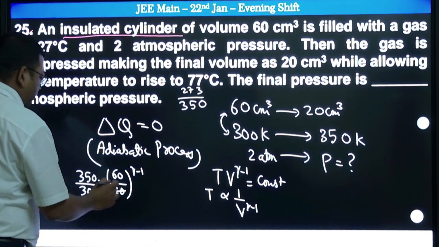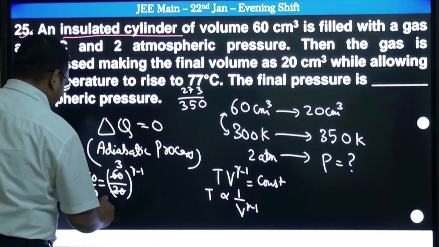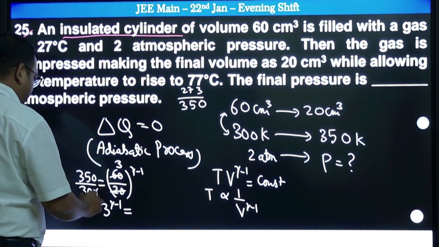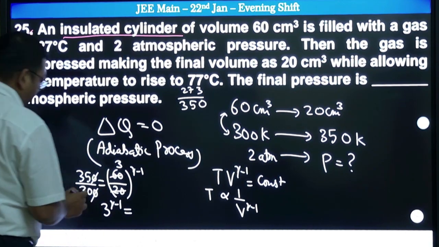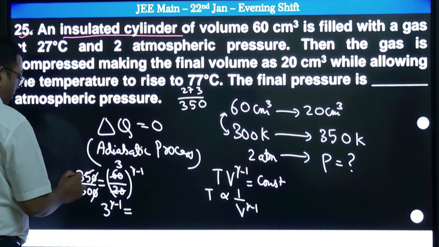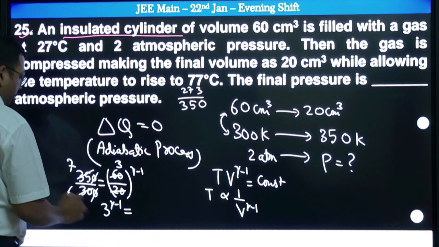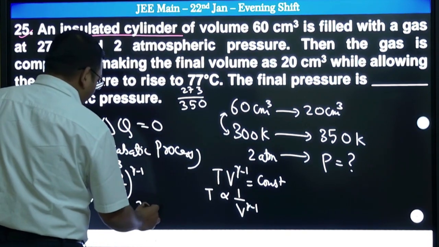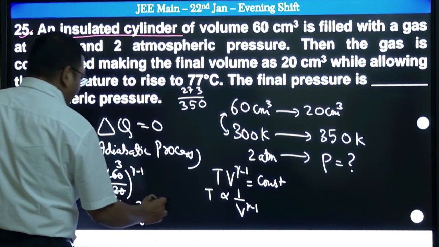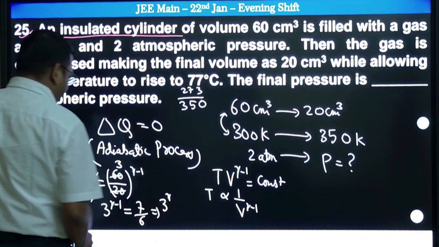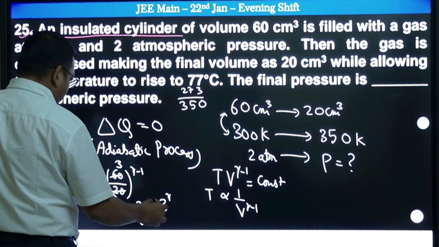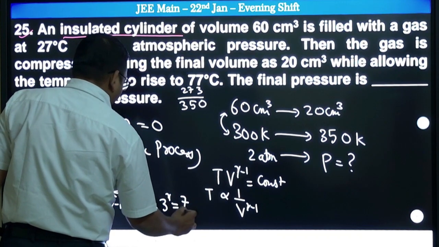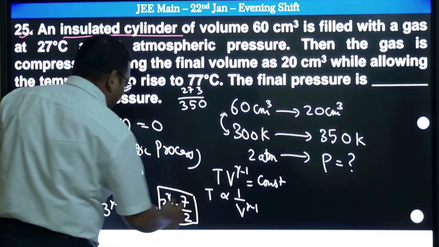So of course it is going to give us 3. So 3 to the power gamma minus 1 is coming as how much? You can calculate that, 35 by 30, so 7 by 6, it is, correct? This may be simplified a little because 3 to the power gamma, divided by 3, so that will become 7 by 2 here, correct?